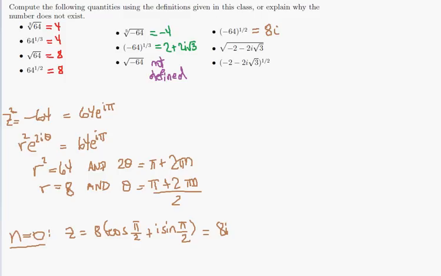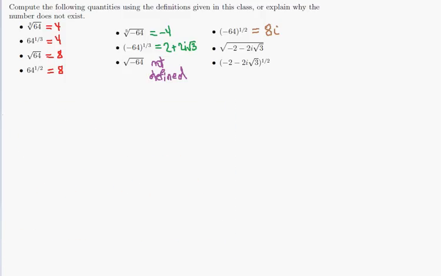And those are slightly different answers based on the different ways that they're computed. Finally, let's take a look at this last expression, where I have a complex number. The first one, the square root of negative 2 minus 2i square root of 3, is not defined. We only consider this root operation to work for real numbers, not complex numbers.